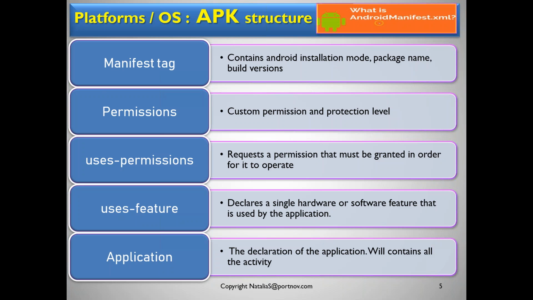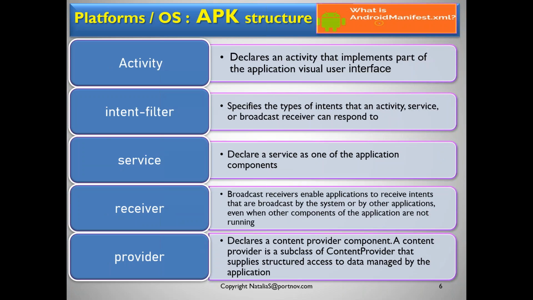Also, the application declaration shows the system all the activities stored in the activity manager, and the system is going to decide what to do. Activities are also divided into several categories.